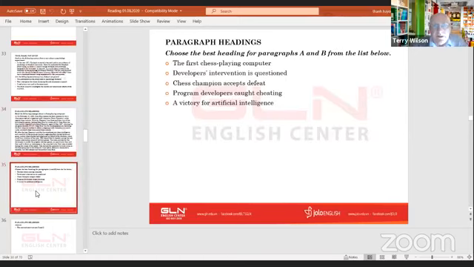Let's have a look at the instructions. So choose the best headings for paragraph A and B from the list below.